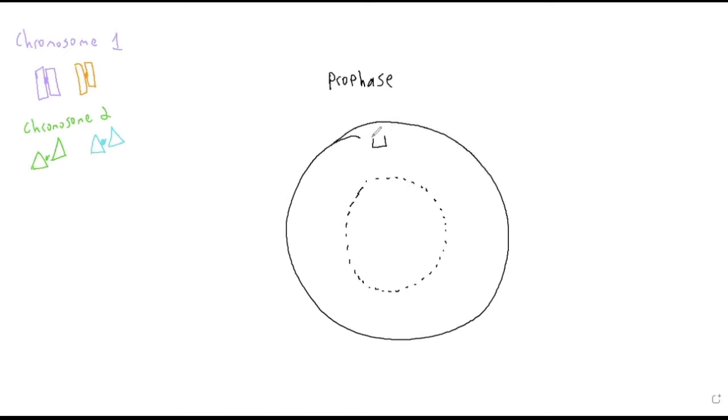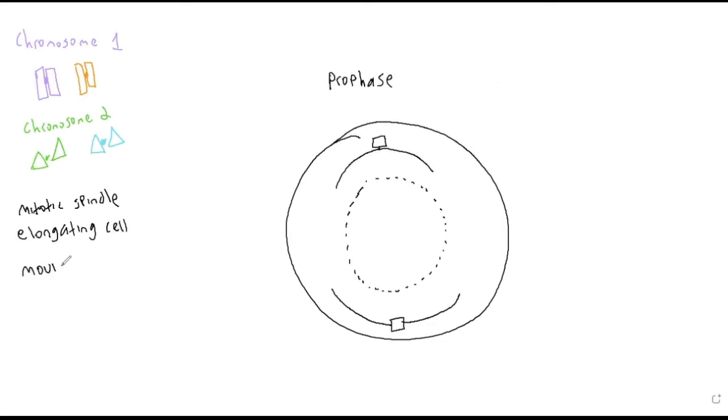You're going to see something called a mitotic spindle form. The mitotic spindle is a protein connected to two other proteins called a microtubule. And the mitotic spindle has a very important job. It's responsible for elongating the cell, and it's also responsible for moving and manipulating chromosomes.